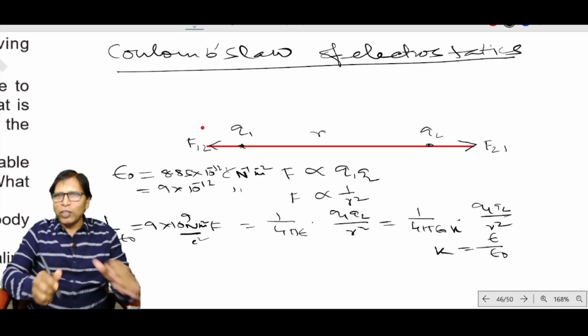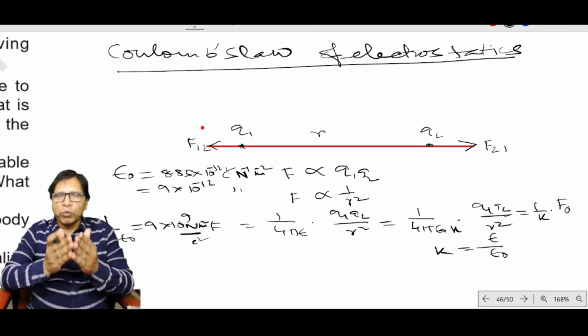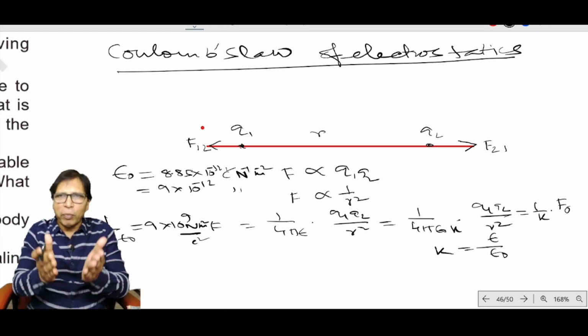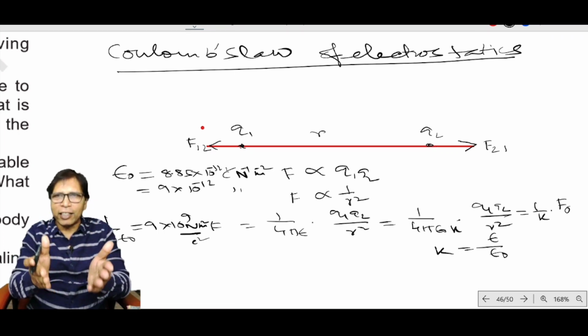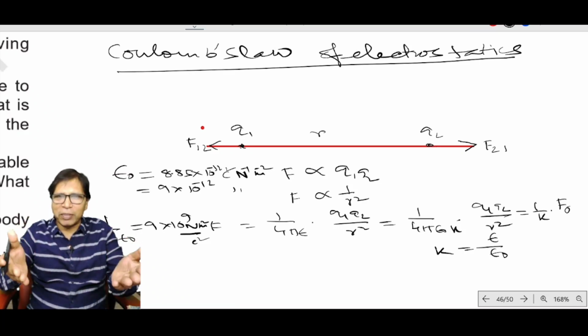So from this relation we can get F equals 1 by K into F naught, where F naught is the force of interaction between the two charged particles Q1 and Q2 in air medium or free space.